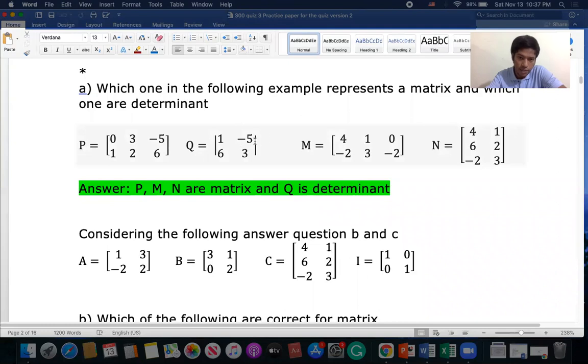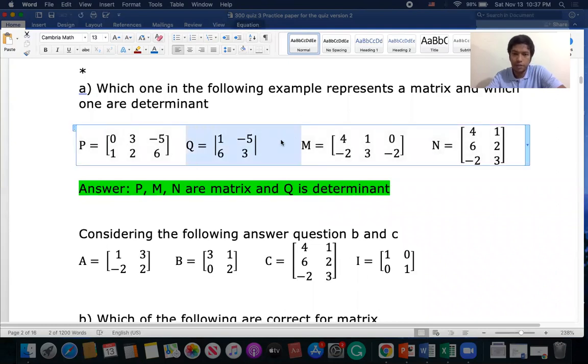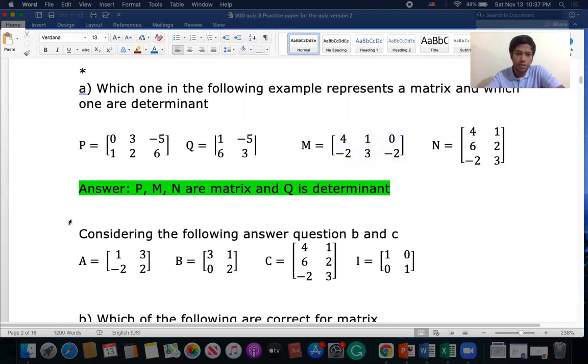In this case only Q is the determinant because of this bar sign. All the other things represent matrix due to this bracket. So the answer is P, Q, M, P, then M, N, P, M, and N. They are the matrix, and Q is the determinant here. So we know it this way.